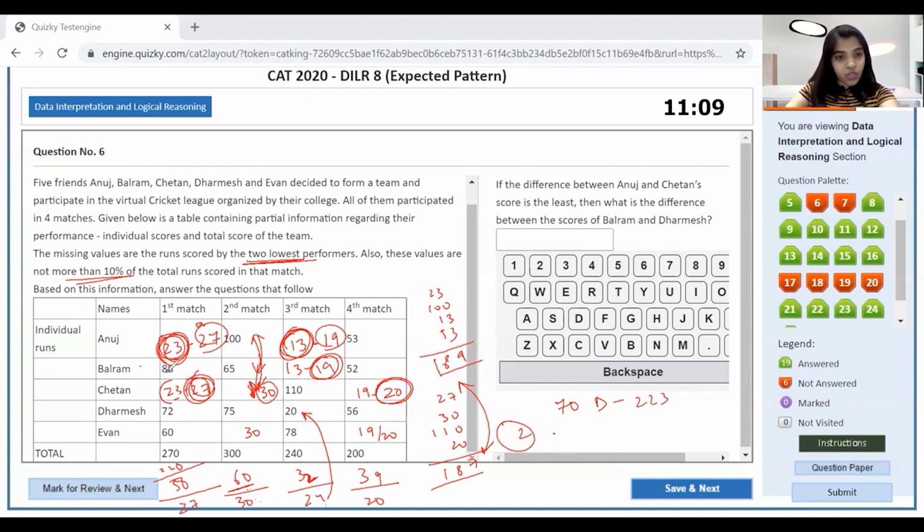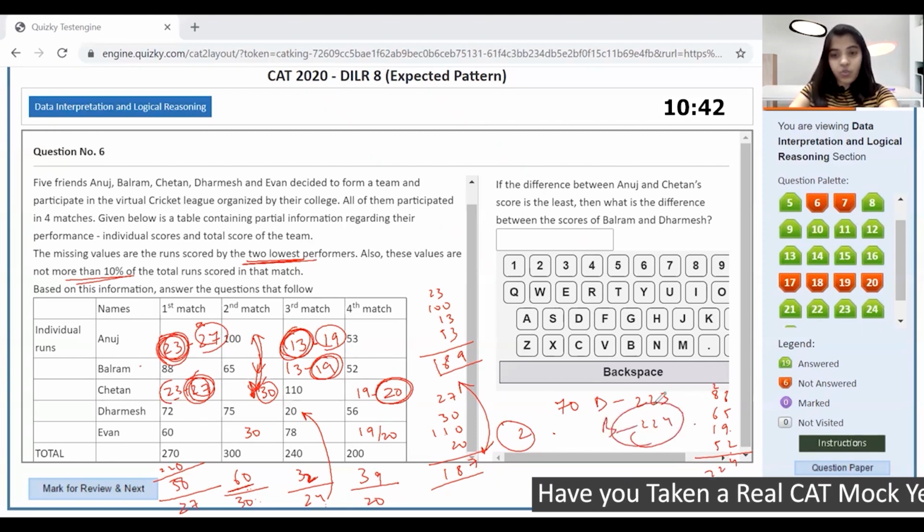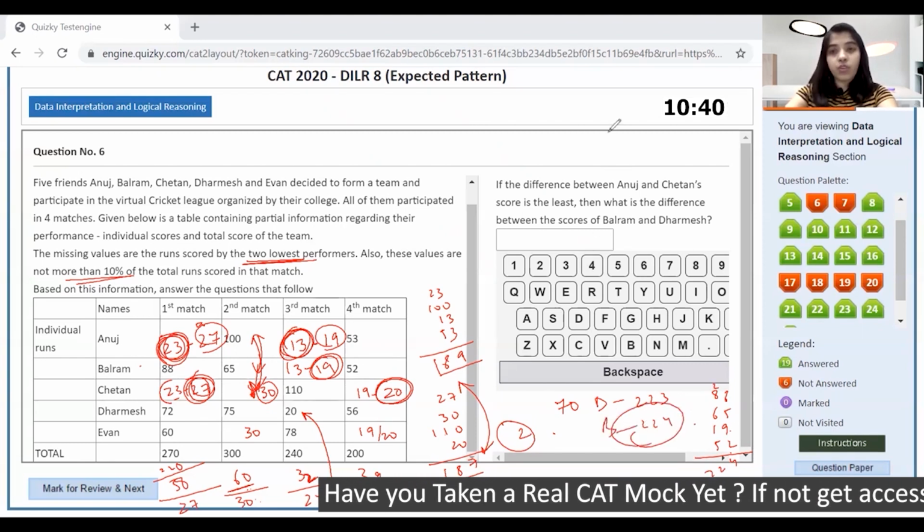And Balram's score is what? 8, 6, 14, 19, 90. Let's just calculate it here. Let's not get confused. 88, 65, 19, and 52. That gives 224. Right. So Balram is 224. What is the difference? 223, 224.